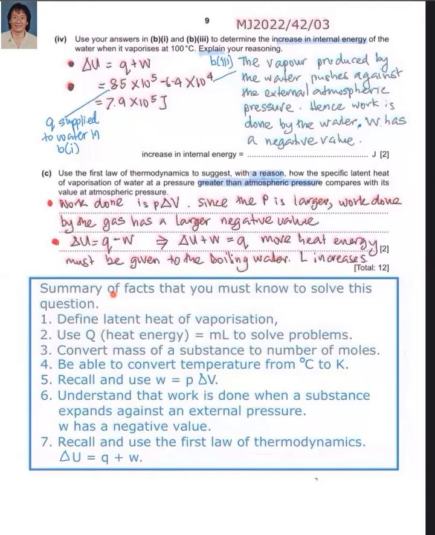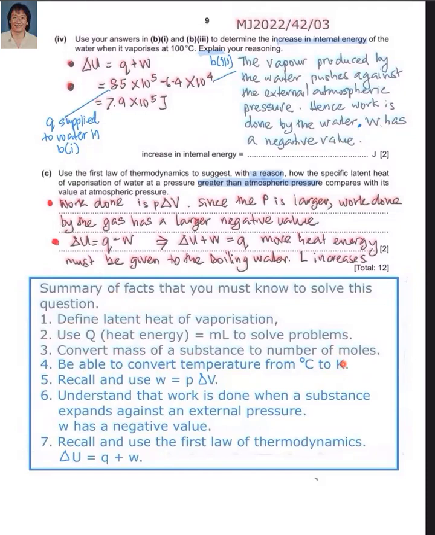And then this is a summary of the facts that you must know to solve this question. You must be able to define latent heat of vaporization. Number 2, you must use Q equals mL to solve problems. Then you must be able to convert the mass of a substance to number of moles. Then be able to convert temperature from degrees Celsius to Kelvin.